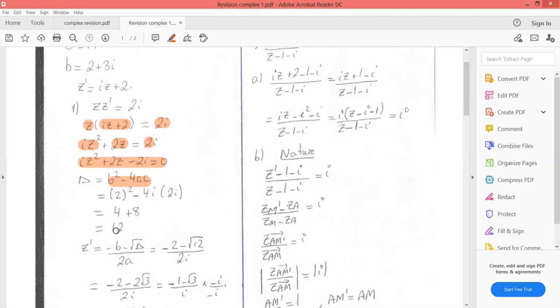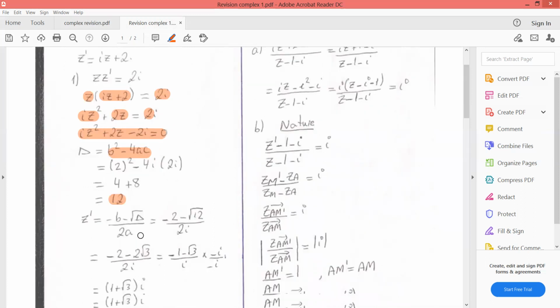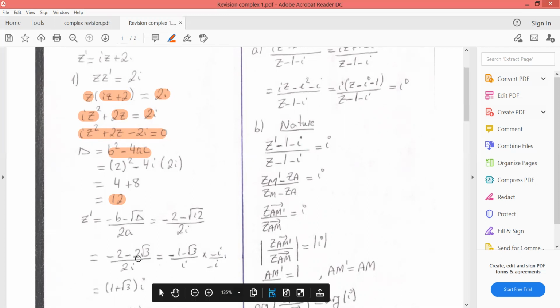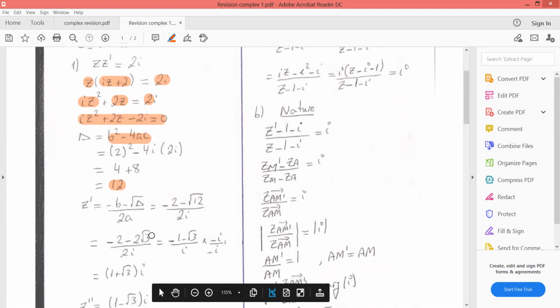Then z prime equals minus b minus radical delta over 2a, so minus 2 minus radical 12 over 2i. Radical 12 is 2 radical 3. We take 2 common, we divide by 2. It becomes minus 1 minus radical 3 over i.